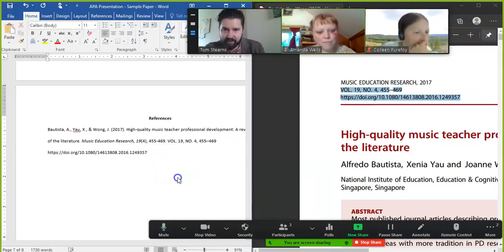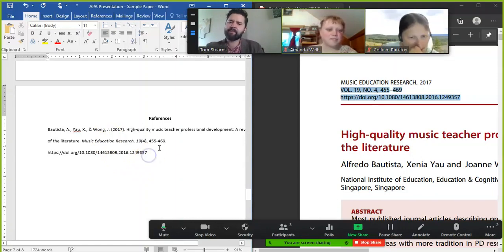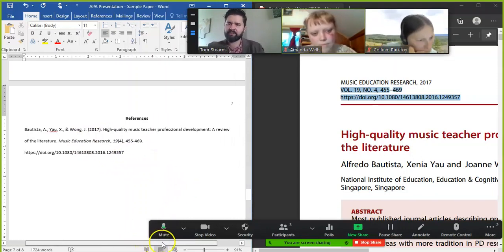I'm going to paste as plain text, and I'm going to remove all that extra information I didn't actually need. Oh, that's something I do need. There we go.